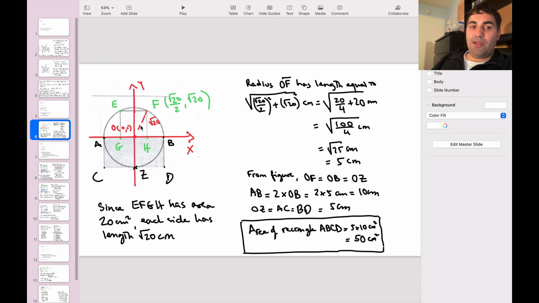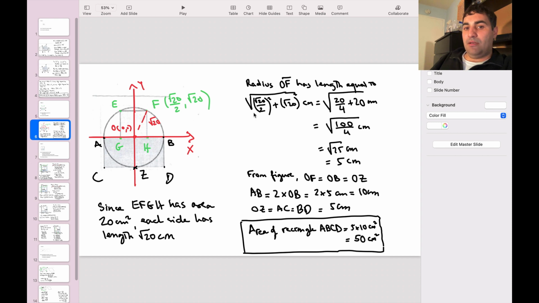So if we want to find the radius of the circle, say OF, well, we know that F is going to have x coordinate square root of 20 divided by 2, and y coordinate square root of 20, right? Because this is the middle of GH, so we have to take half the length of a side to get this value, square root of 20 divided by 2.